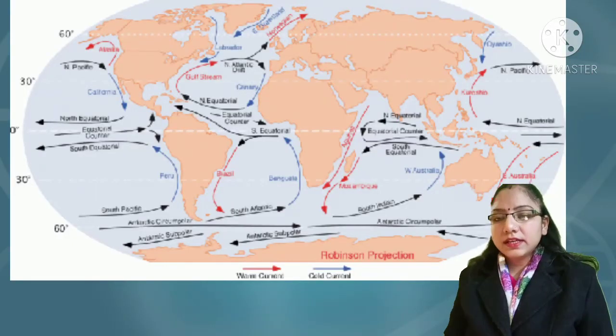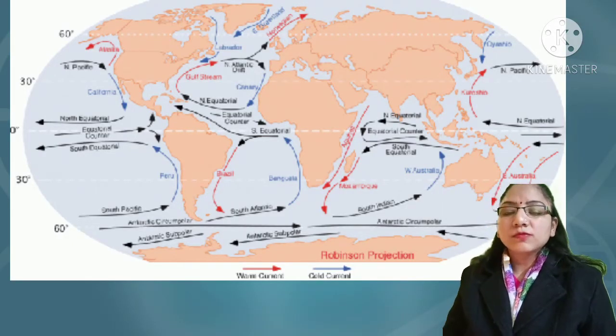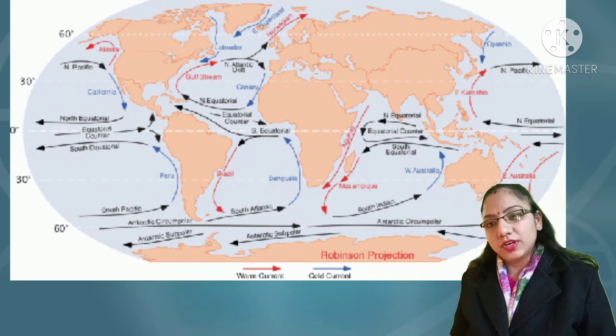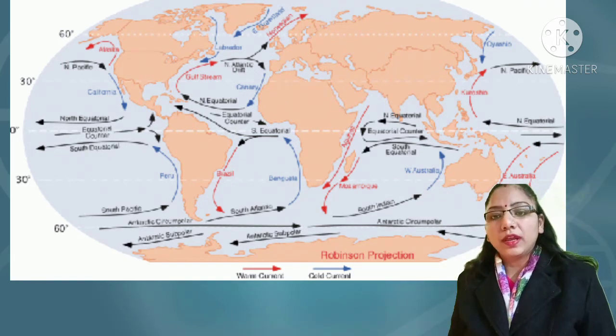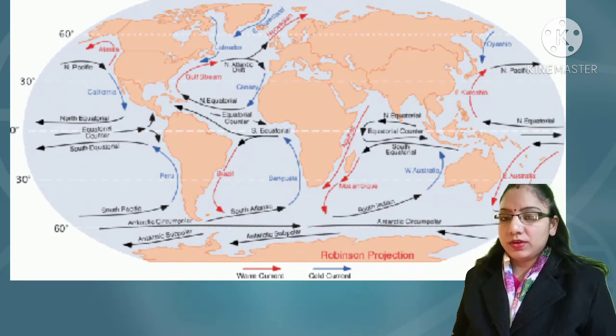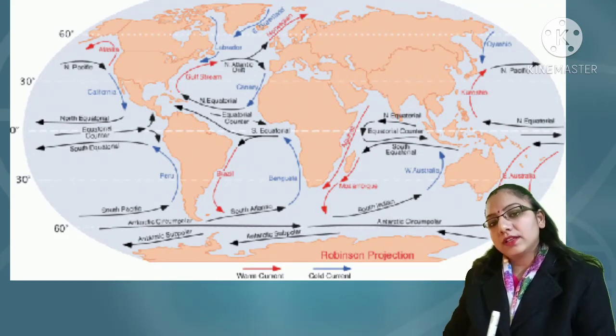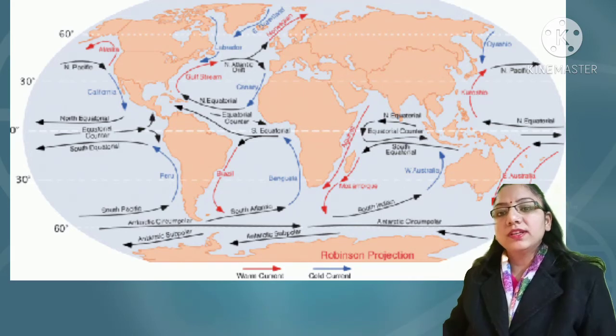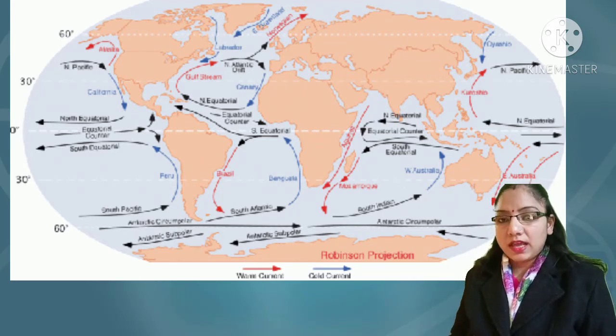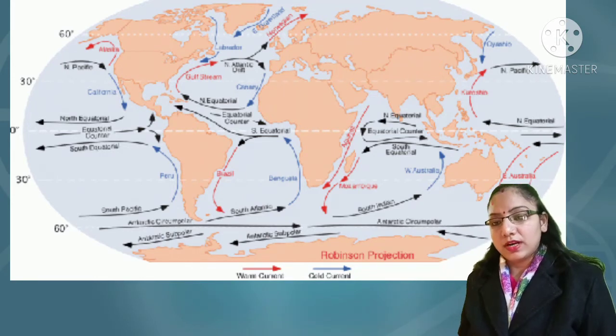And these currents are like small rivers flowing in the ocean and have their own names, after their origin. Like the Labrador current is known by that name because it originates near Labrador. Same like the Canary, Gulf Stream, and many more.